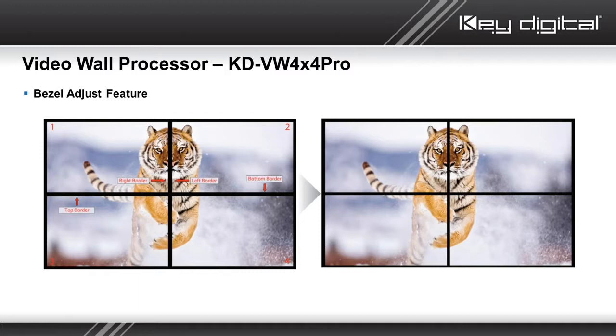If we look at the left image, you can see there's a little bit of spacing there, isn't there? It doesn't quite look seamless, but then when we apply the bezel adjustment and you look on the right-hand side, that makes clear sense that you apply that bezel adjust, and that image will continue through the bezel.